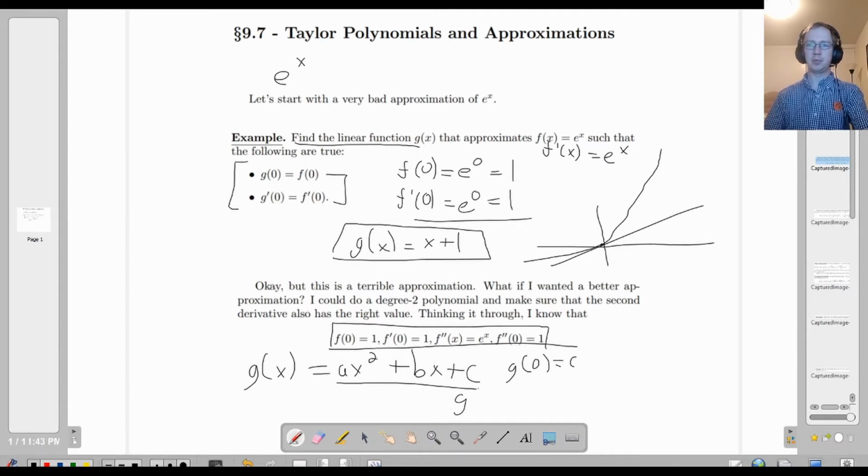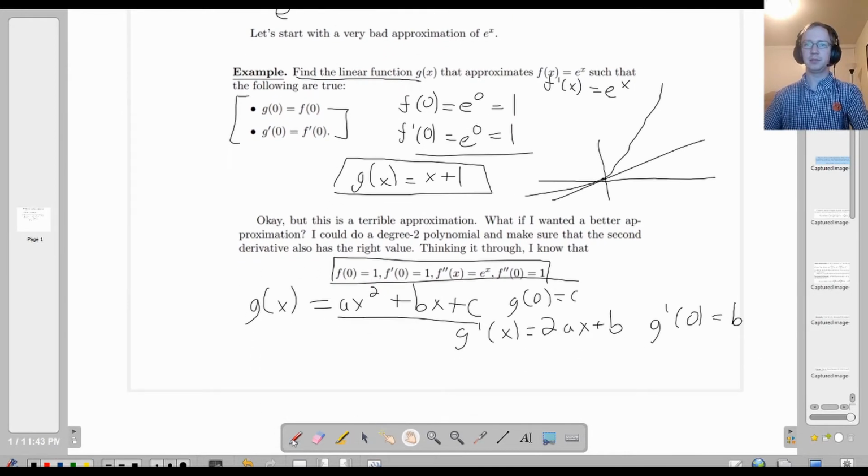Let's find g prime of x. If I took the derivative of this, I would get 2ax plus b, which means g prime of 0 would be b. And then the second derivative of that function would be 2a. So g double prime of 0 is just 2a.